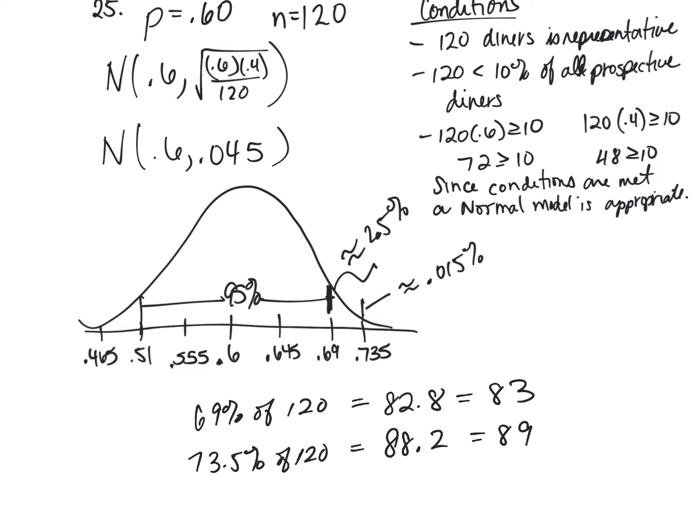enough. And you can justify that by saying 95% of the time it's going to be below, or like only 2.5% of the time will more than 83 people ask for that. Or we expect only 0.015% of the time more than 89 people ask for non-smoking.